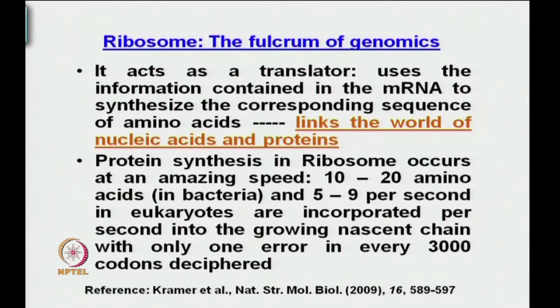How fast is this protein synthesis? As it says, protein synthesis in the ribosome occurs at an amazing speed. It is about 10 to 20 amino acids per second in bacteria, and about 5 to 9 amino acids per second in eukaryotes.